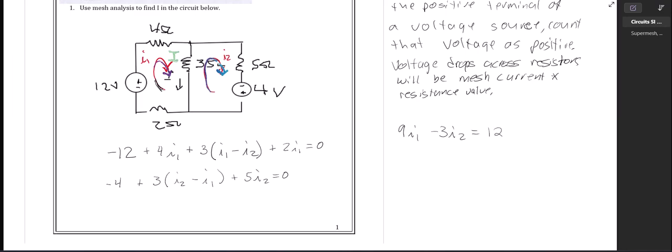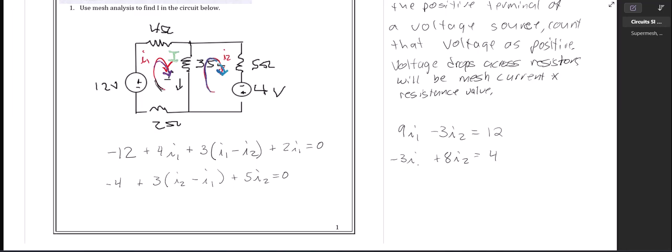Y'all stop me if you see a mistake. And then the bottom equation, minus 3I1 plus 8I2 equals 4.